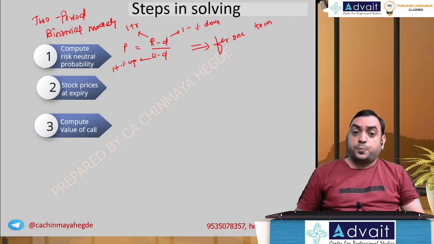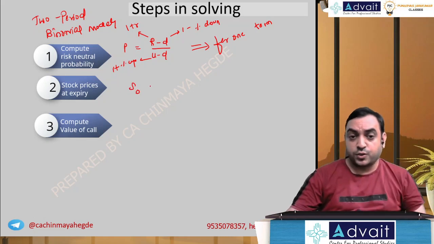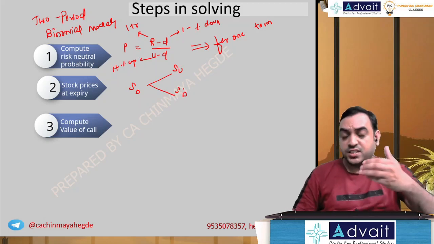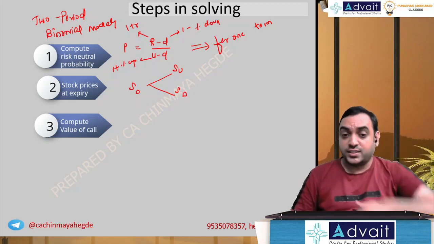Okay. Then spot price on expiry. How am I going to calculate? I'll start with S0, spot price 0. And after one term, I'll make it S1, S2, or they'll use the words SU and SD. In the first term, spot price up and down, SU, SD.